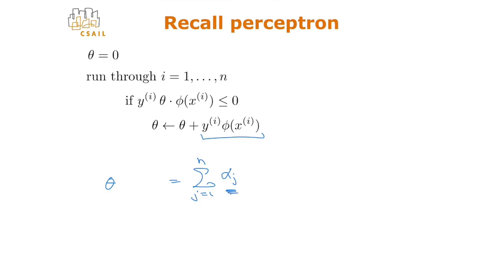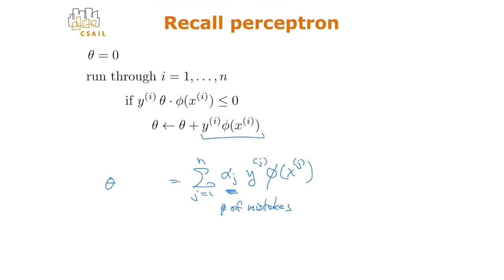So this is the number of mistakes. And every time we make a mistake, we add to the parameter vector the corresponding label times the feature vector. All right.